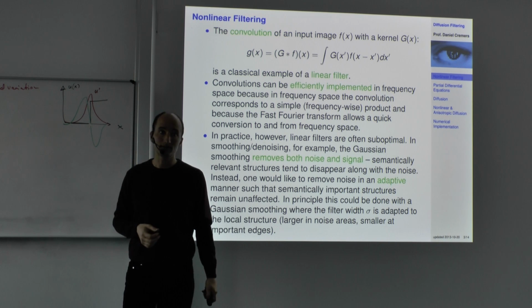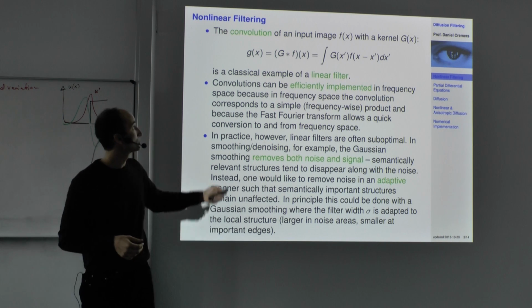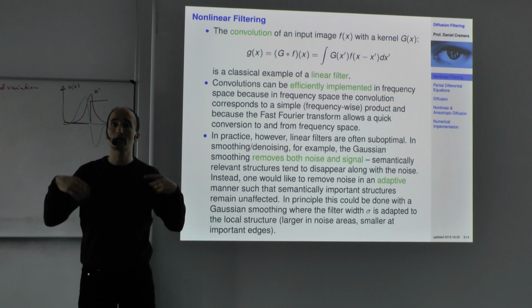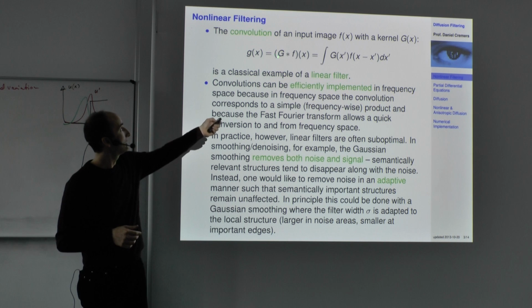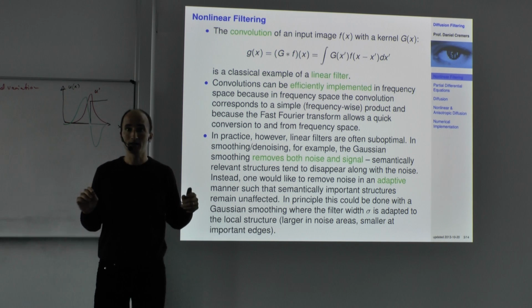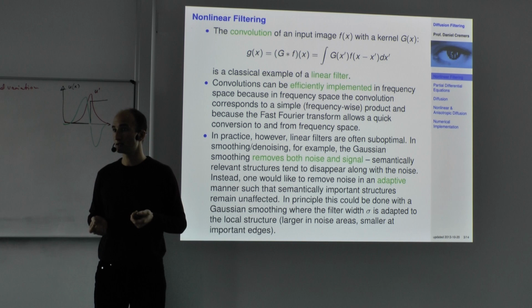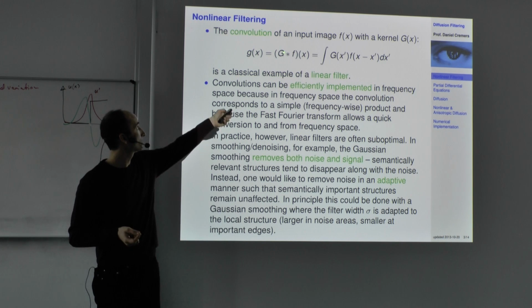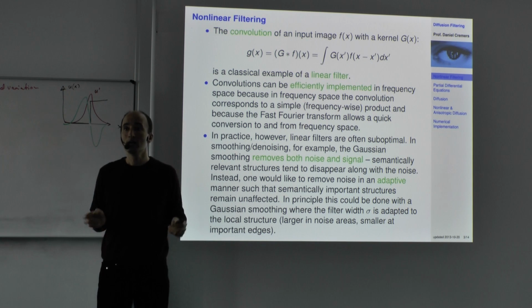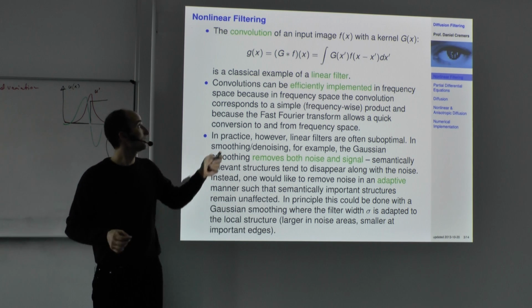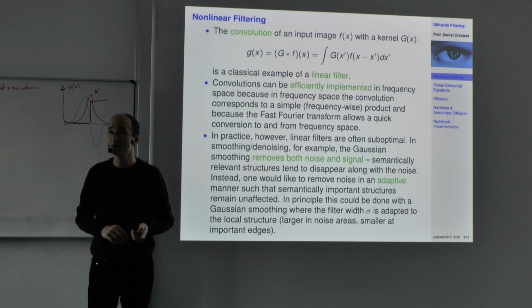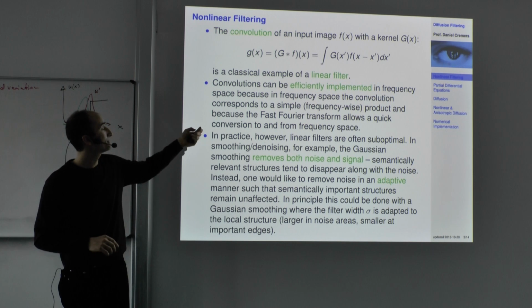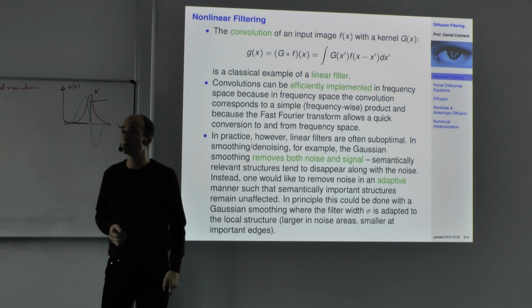It can be implemented very efficiently. Convolutions are generally very efficient to implement, because what you can do is you can go to the Fourier space. We are not going to really talk about that in detail, but in the Fourier space, the convolution is nothing but a product. So if you do a Fourier transform of G and a Fourier transform of F, and then just take the product of values for every pixel, and then back transform to the original x space, then you get the same as the convolution.